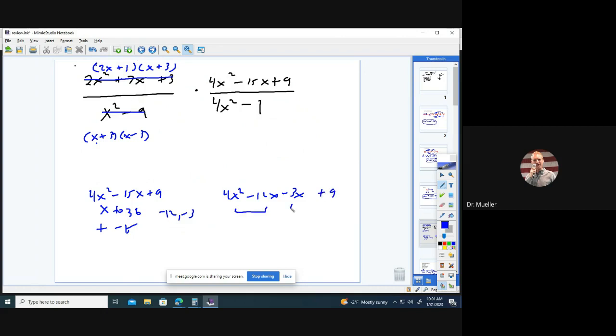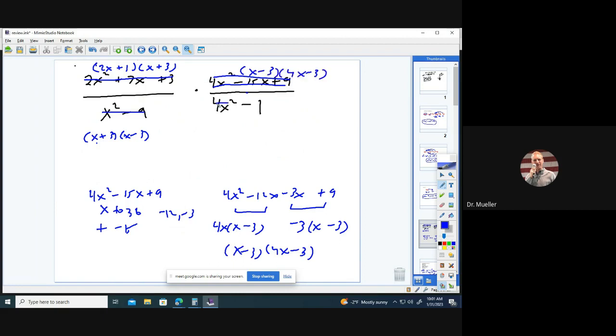Group them. First two terms pull out a 4x, x minus 3. Second two terms pull out a negative 3, x minus 3. So it's x minus 3, 4x minus 3. So this one right here factors to x minus 3, 4x minus 3.